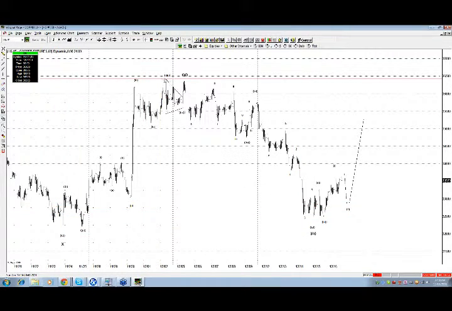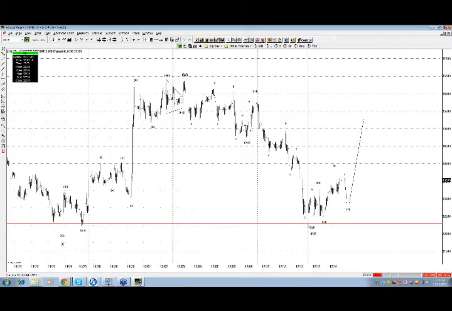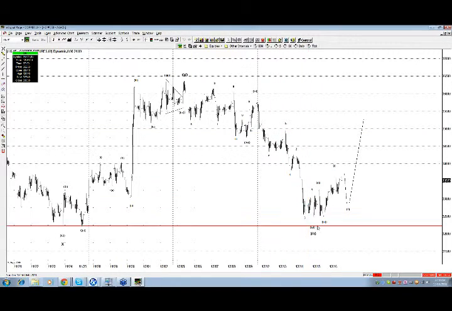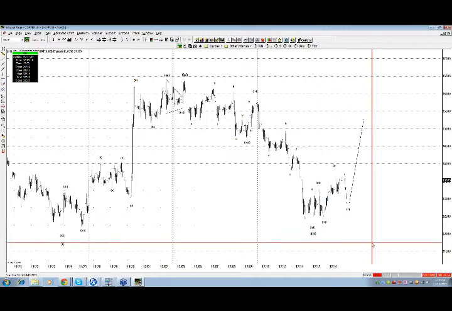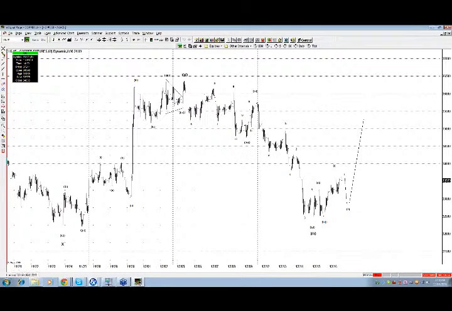Against 5 waves, a recovery is pretty hard right here. And I thought that it was a flat. Still, the flat is possible, don't get me wrong. But I see 5 waves right here. 1, 2, 3, 4, 5.